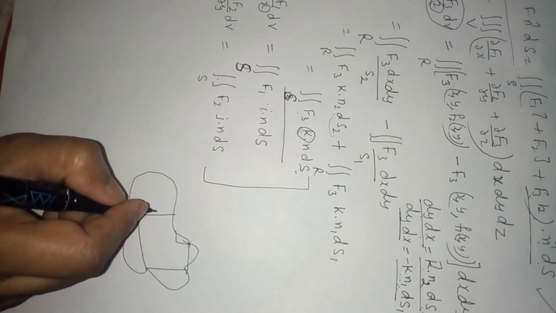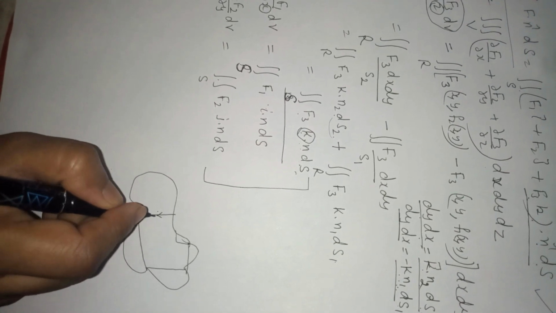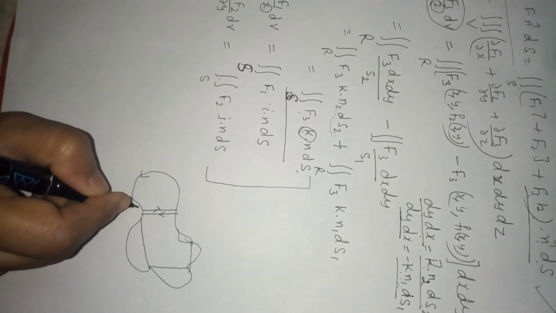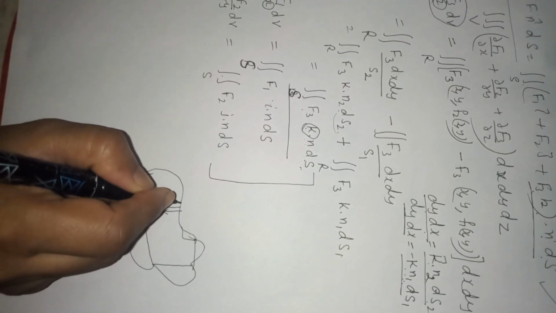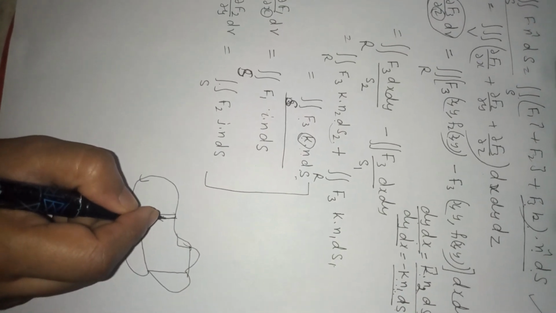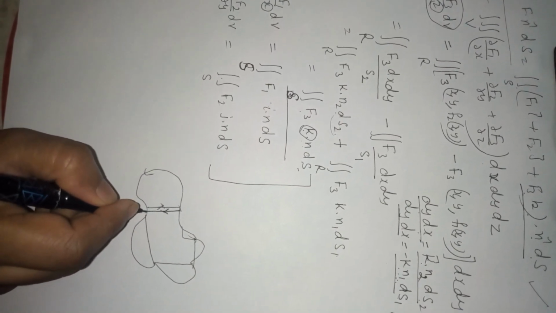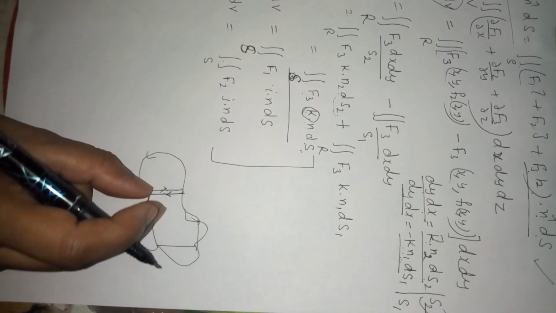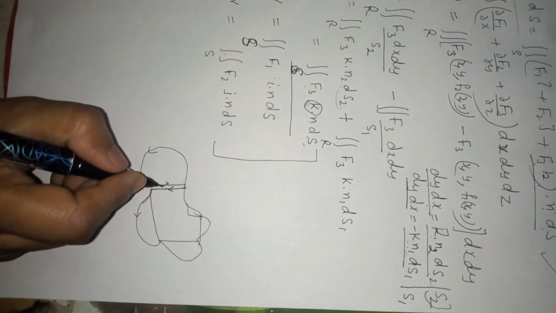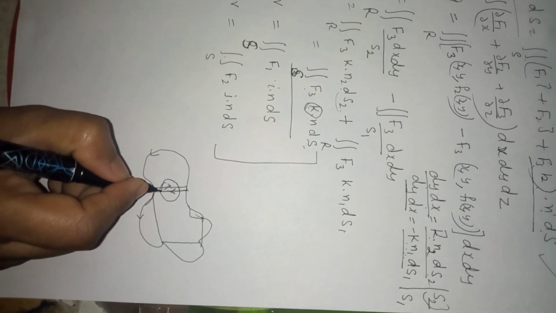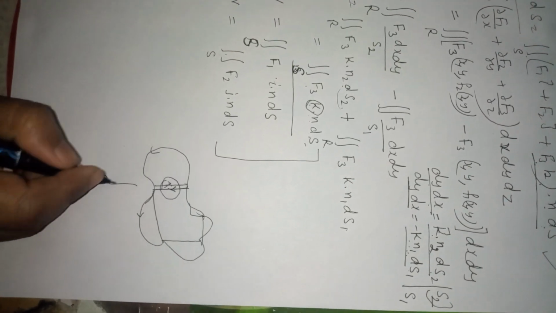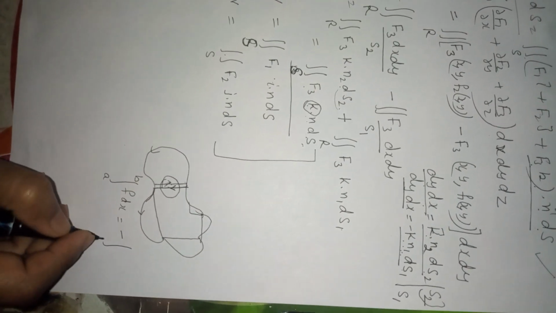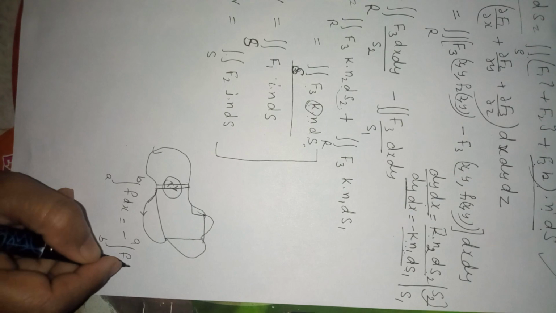Now when we find the surface integral from this side and again from the other side, the integration gets cancelled, because we know that the integration from a to b of f dx is the negative of the integration from b to a of f dx.